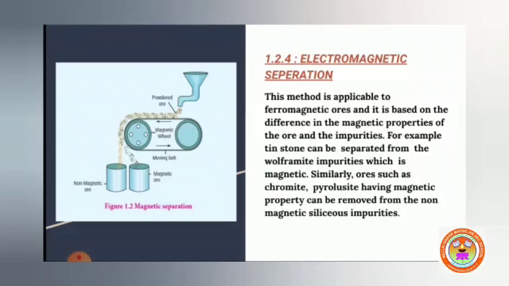When the ore is poured over the magnetic separator, the magnetic part of the ore is attracted towards the magnet and falls as a heap close to the magnetic region, while the non-magnetic part falls away from it.